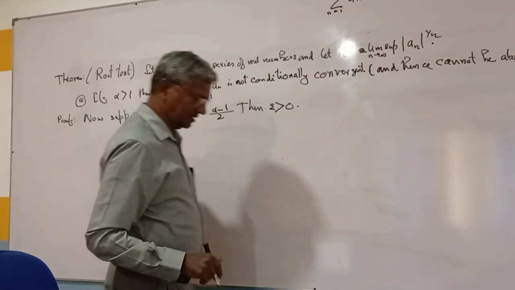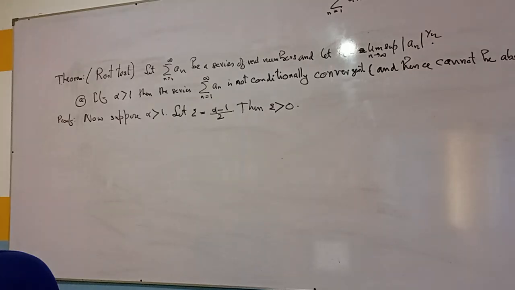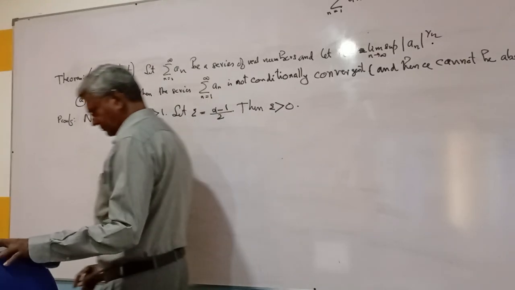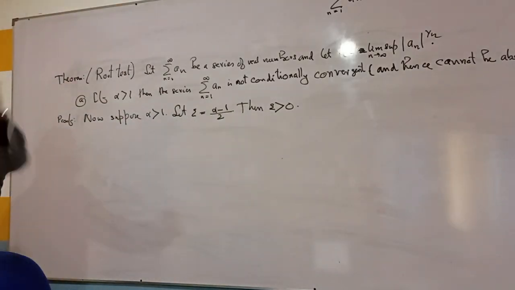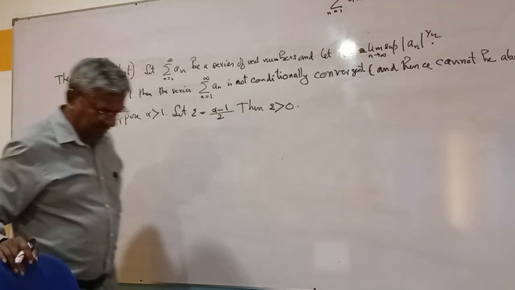Alpha greater than 1. Right. Now what? How will you say this is not convergent?